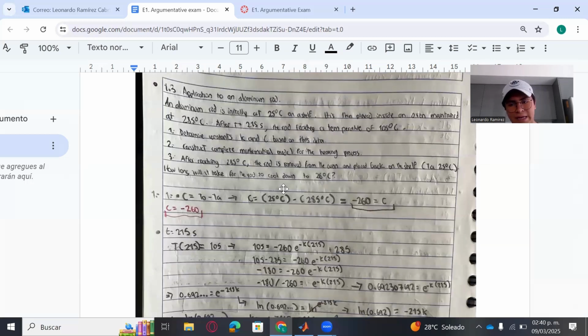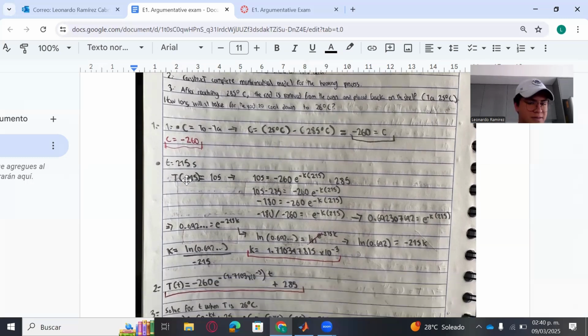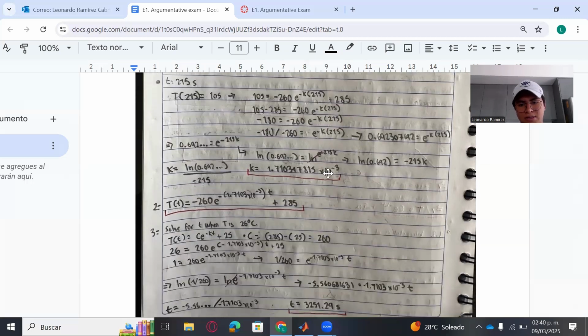Here we have a heating and a cooling process, which we can basically solve by substituting values. We have to substitute the temperature, for example, at 215 seconds. We also have to use that time in order to get K. We also have to use the natural logarithm and the exponential.